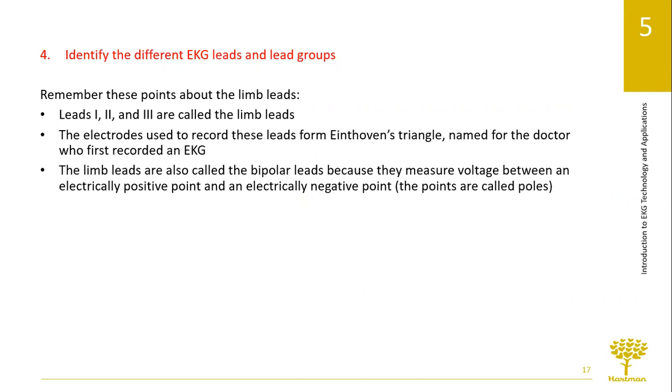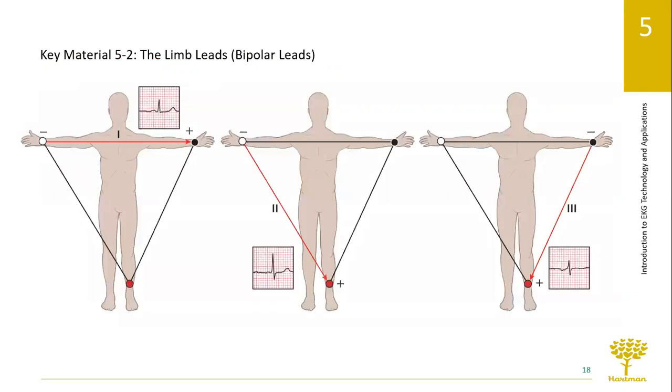These are all the things that we were talking about. These are limb leads, and that's Einthoven's triangle. What you'll notice is that all of these leads, that's 2, 3 and AVF anyway, share a positive lead down here.